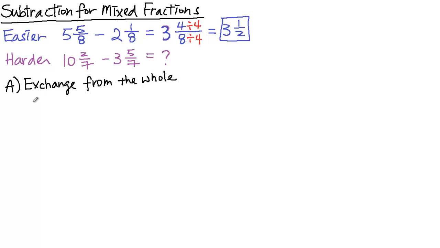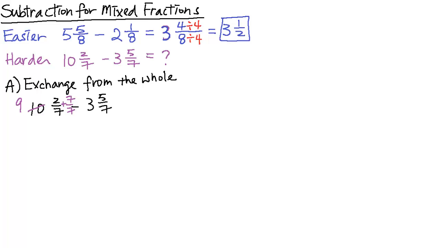So I have this question: 10 and 2/7 subtract 3 and 5/7. As you can see, we have to exchange and borrow from the whole. We can borrow from 10, so this becomes 9. And when you have 1 from this fraction, it's kind of like 7 over 7.